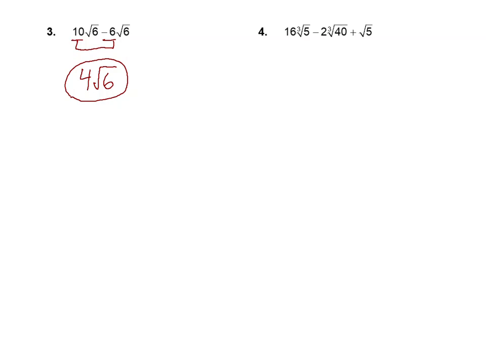Now I have 3 terms. This first term I have a cube root of 5, the second term has a cube root of 40, and the third term has a square root of 5. Well, let's talk about this cube root of 40 because that sounded familiar. I'm going to take this term right here and work with this term.